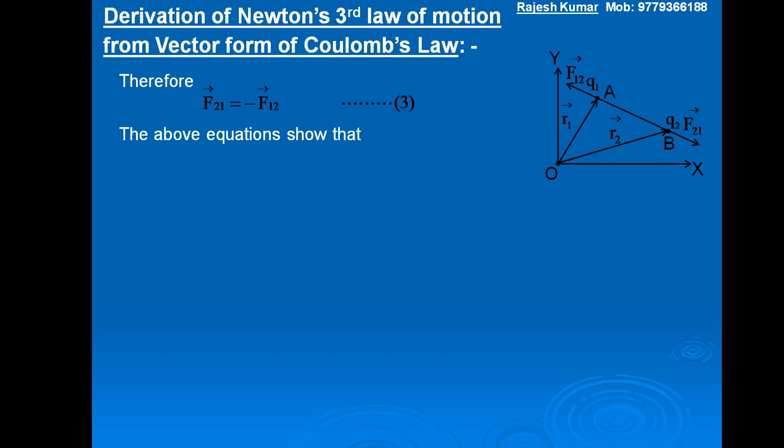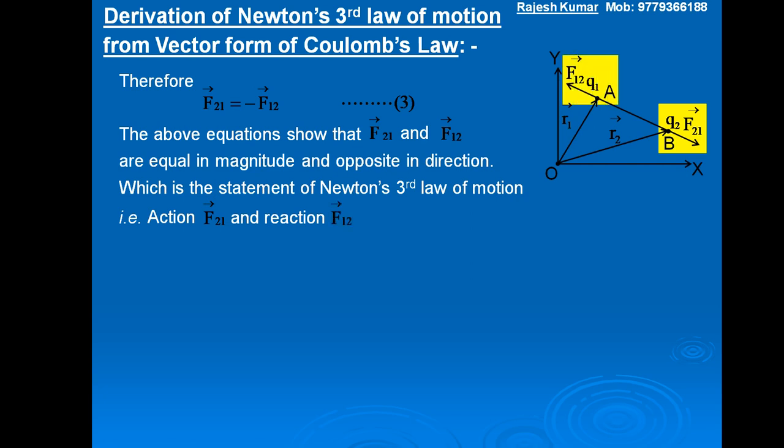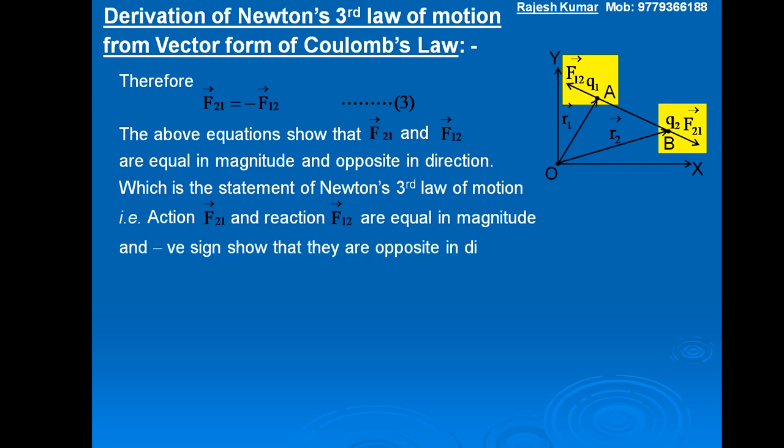The above equation shows that F21 vector and F12 vector are equal in magnitude and opposite in direction, which is the statement of Newton's third law of motion, that is action F21 vector, force on charge Q2 due to Q1, and reaction F12 vector, force on charge Q1 due to Q2, are equal in magnitude and the negative sign shows that they are opposite in direction.